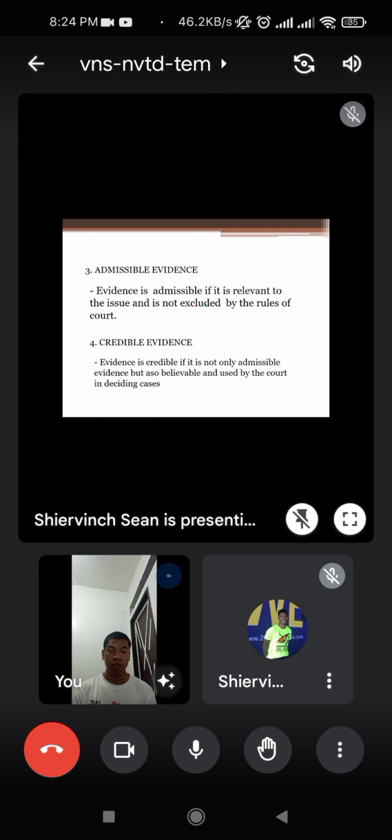In short, it is evidence that is believable, in a way that convinces that it is part of the crime, and may be used by the court as they decide cases. Those are the abilities to establish a fact and dispute on evidence, as part of Lesson 2, the legal classifications of evidence.